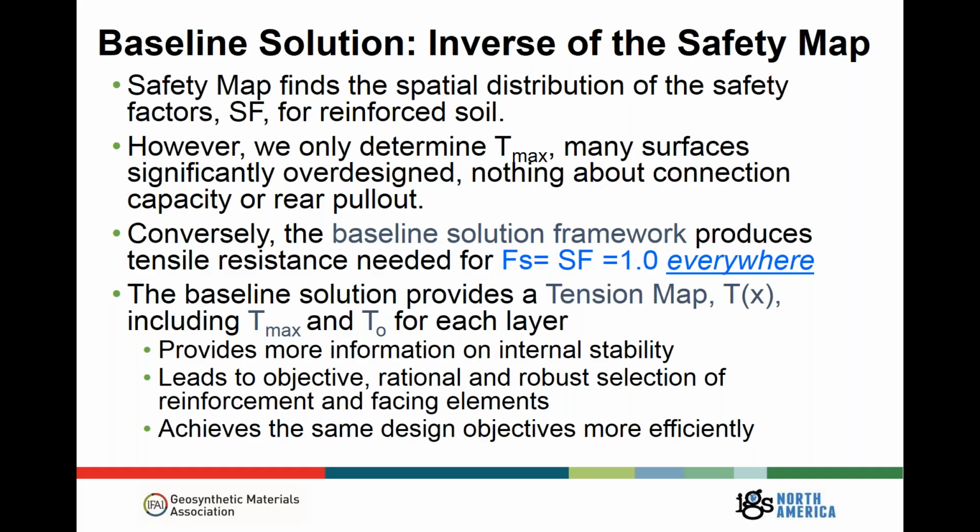It accounts for pull-out at the rear end and the front end. So basically, we're getting a whole lot more information on internal stability. And it leads to an objective approach for selecting reinforcements and facing elements and accounting for connections. It achieves the same design objectives we've harped on so far, more efficiently.